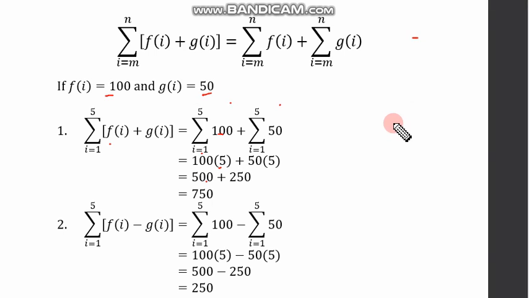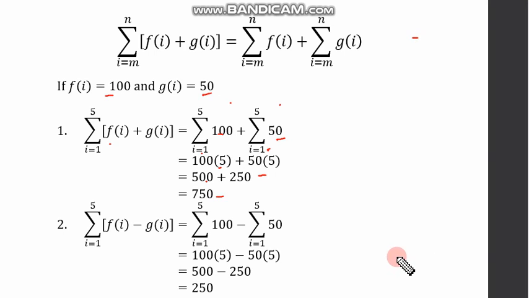Again, we could use one of the properties we have learned previously. Our index starts at 1, so since this is constant, multiply 50 by the upper bound. So 50 times 5, that's 250. Together, we add 500 plus 250, that's 750.